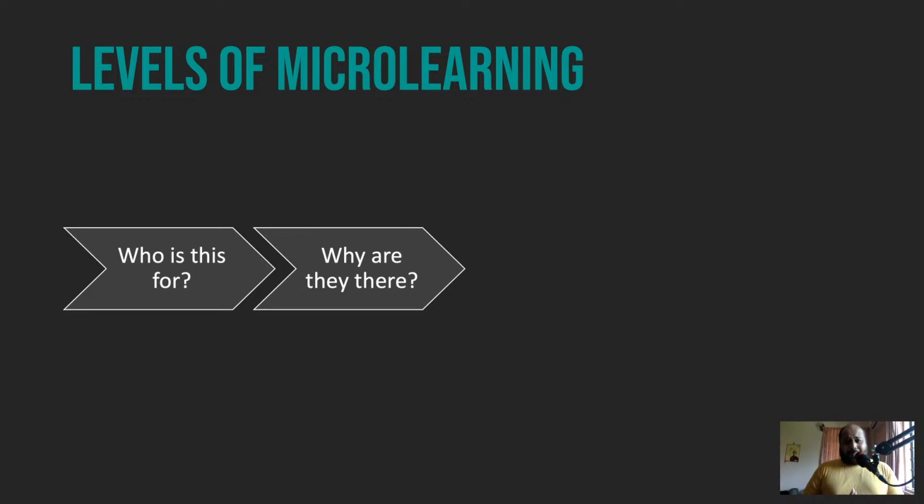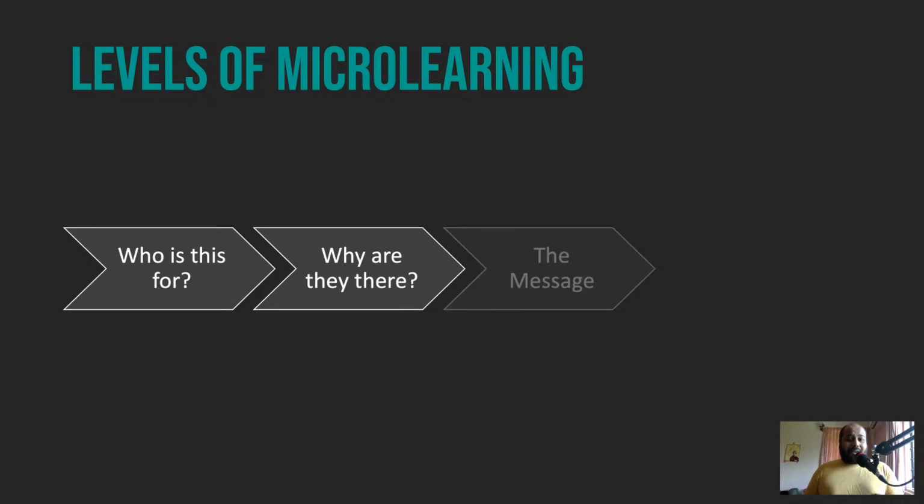What is their purpose? Why have they started looking at your micro learning? What exactly is their need? You need to understand their needs. And once you have both of these in place, you need to make them feel. So that's one thing, you understanding this is one part. And when it comes to micro learning, the second part is making them understand that you understand what they want, right?